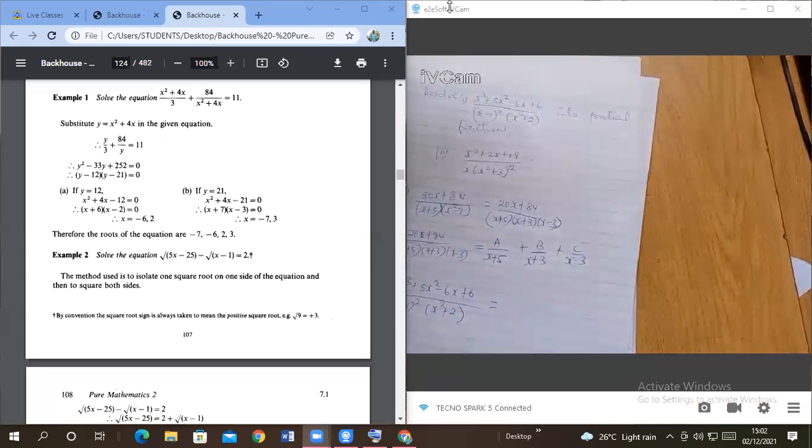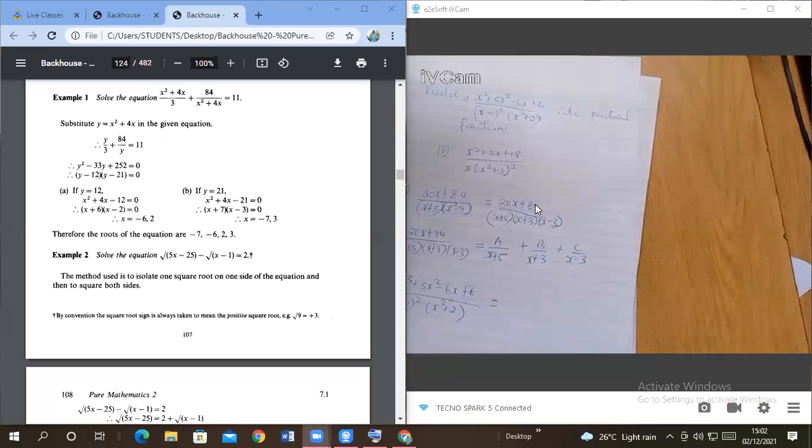Now, what is the nature of x minus 1 squared? It's linear, but the power is 2, isn't it?